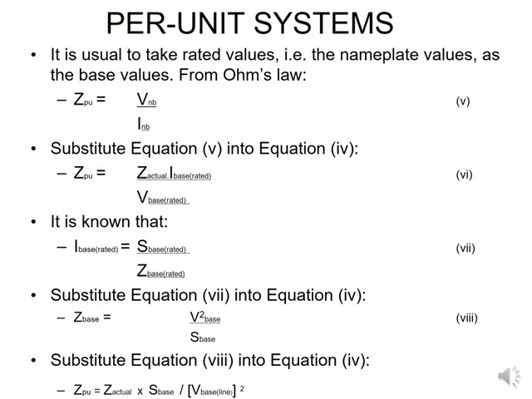And what you need to know furthermore, which is the last formula on the slide, is that if this is the case, my Z per unit, and you especially use these on your lines, will then be the same as saying that it is Z actual, which is the impedance that you are given on your system, multiplied by my S base.